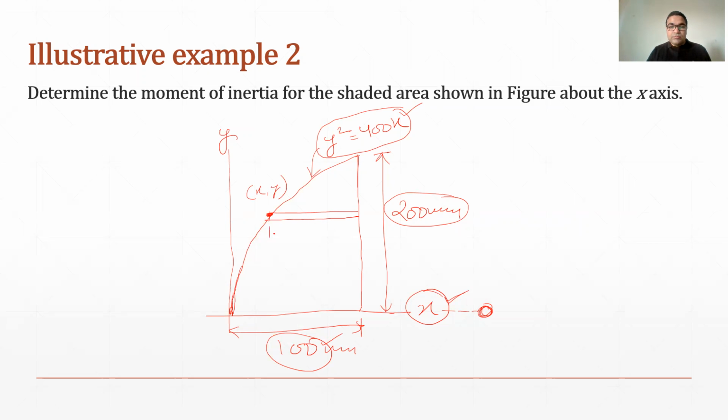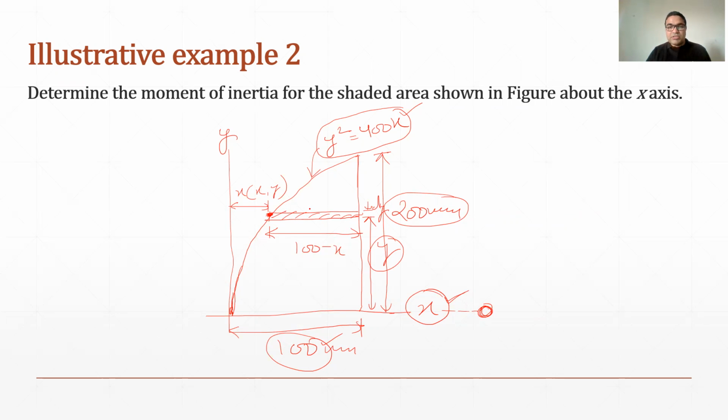So if I consider this value is x, and this value is y, the width of this strip will be 100 minus x. So this is our strip, and the thickness of the strip will be, say, dy. Okay, so this is y, this is dy, and this is 100 minus x.